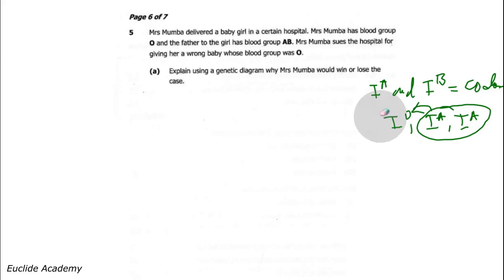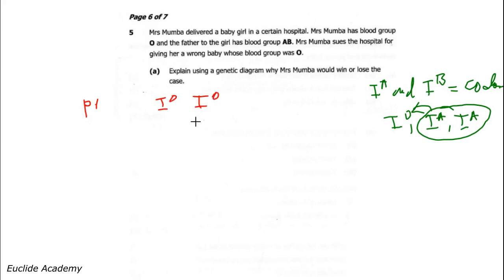So they are saying Mrs. Mumba has blood group O, meaning the only way she could have blood group O is that she has got two alleles for O. She's homozygous for O. So we are using a genetic diagram.